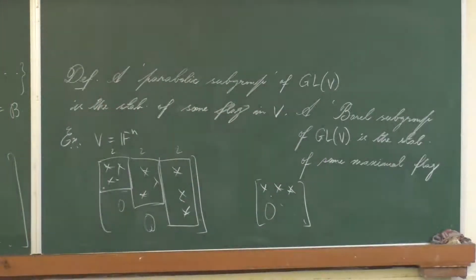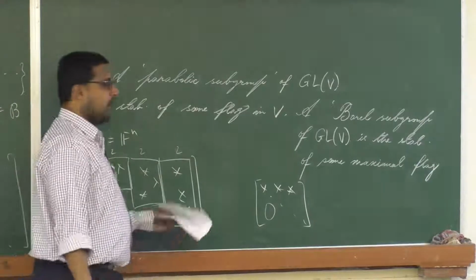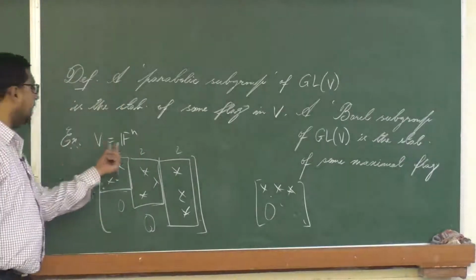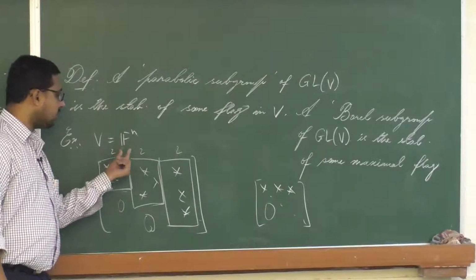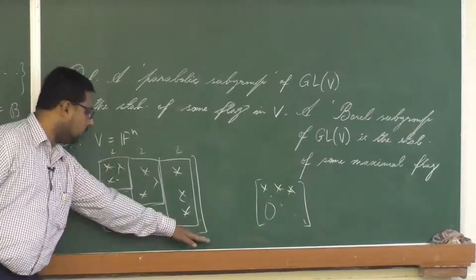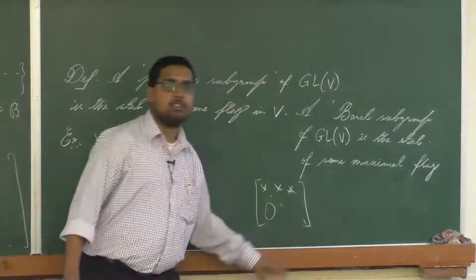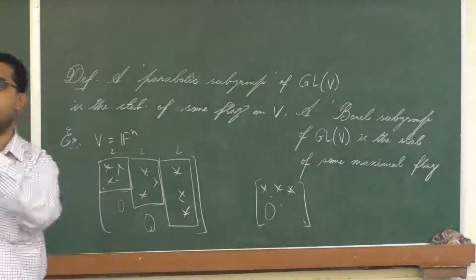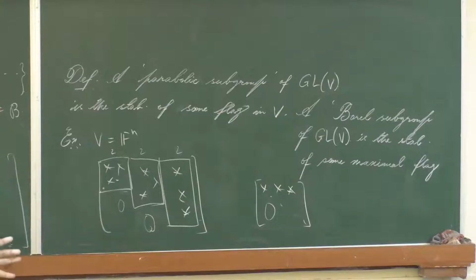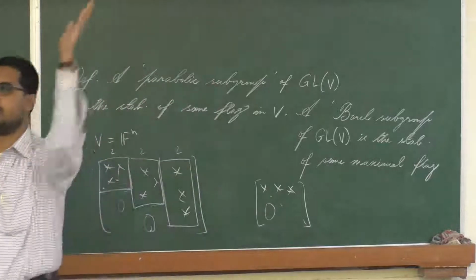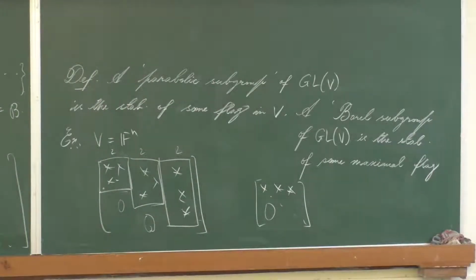In fact, you can see that any parabolic subgroup of GL_n(F) is conjugate to some subgroup of this form, and similarly any Borel subgroup of GL_n(F) is conjugate to this standard Borel subgroup, which consists of all invertible upper triangular matrices.